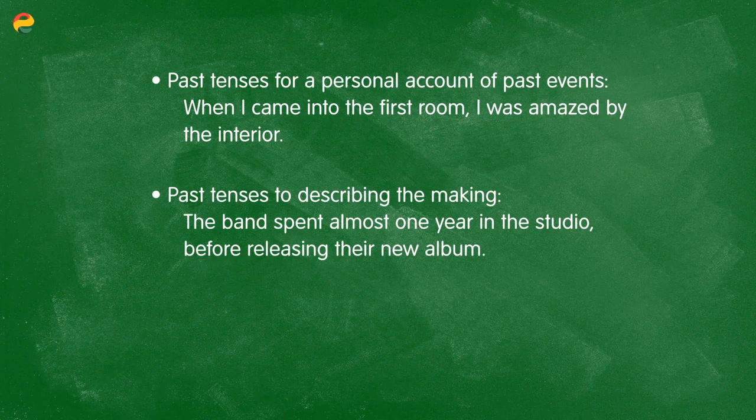For example, "When I came into the first room, I was amazed by the interior." Or if I'm talking about a CD that I'm reviewing, "The band spent almost 1 year in the studio before releasing their new album." Here, because I'm talking about my own experience, or because I'm talking about the creation, I may use the past tense.